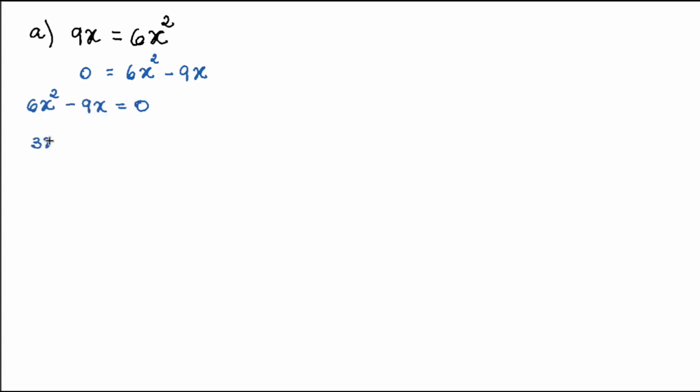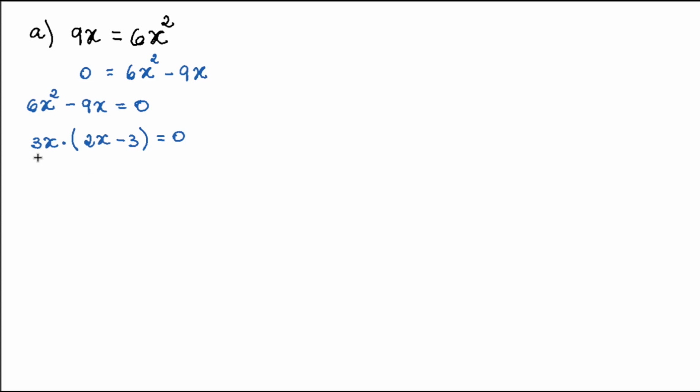Next, we need to factor out the greatest common factor. In this case, the greatest common factor is 3x. Then the second factor is 2x minus 3. So the factored equation is 3x times 2x minus 3 equals 0.